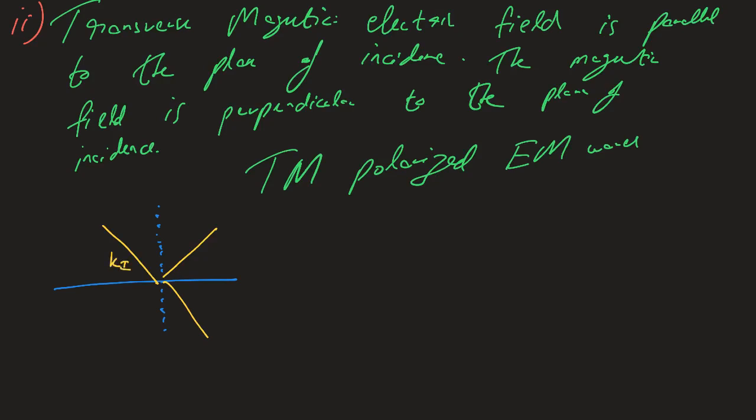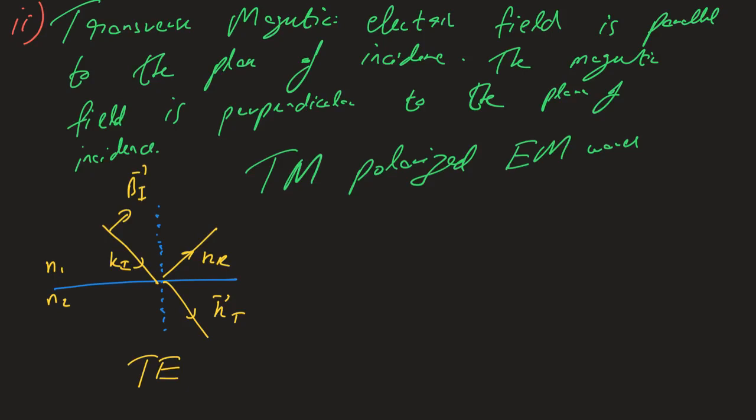This is Ki, this is Kr, this is Kt, right? And if, for example, B is in the same plane as these three vectors, so if this is B incidence, and this is refractive index n2, so this is TE polarized.